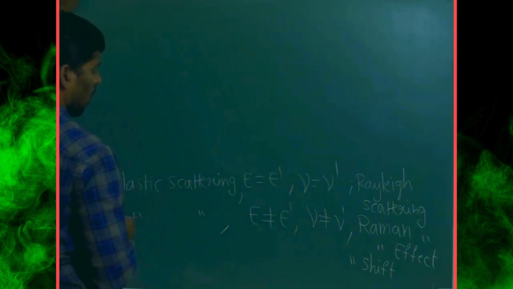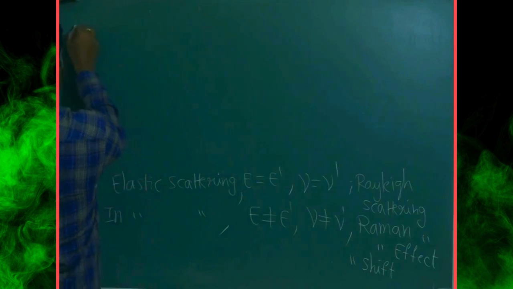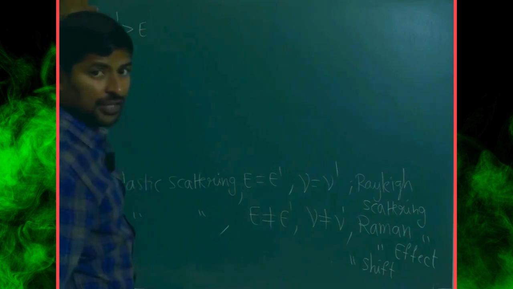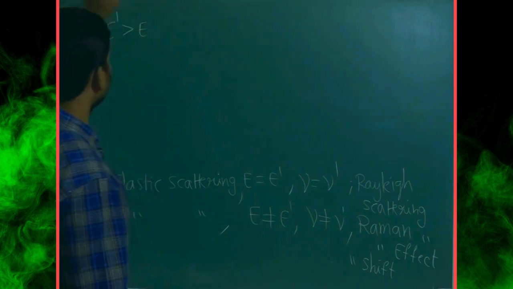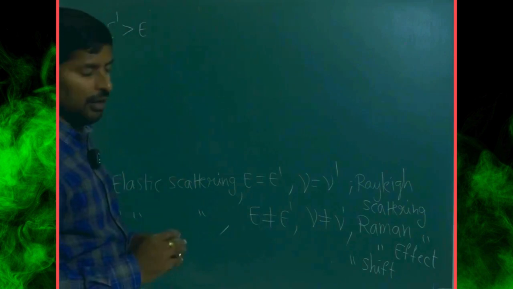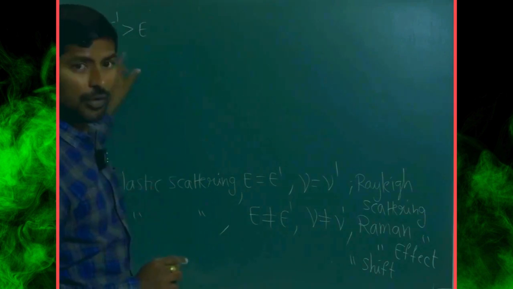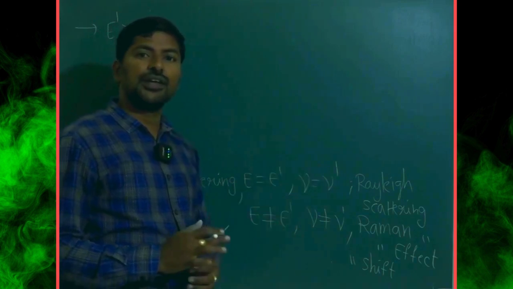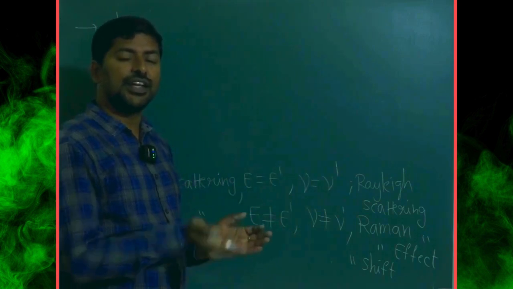Now, for example, the energy of the molecule after scattering is more compared to the incident energy. The energy of the molecule is increased, which means the scattered radiation frequency decreases.